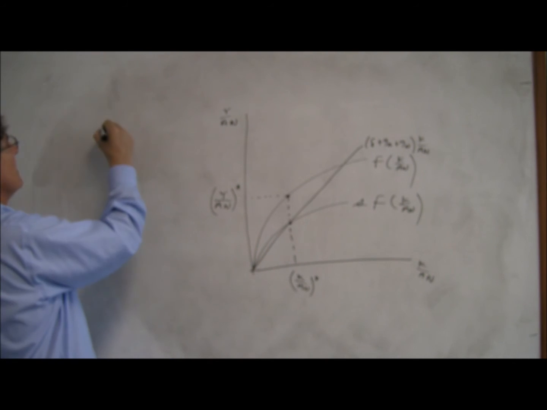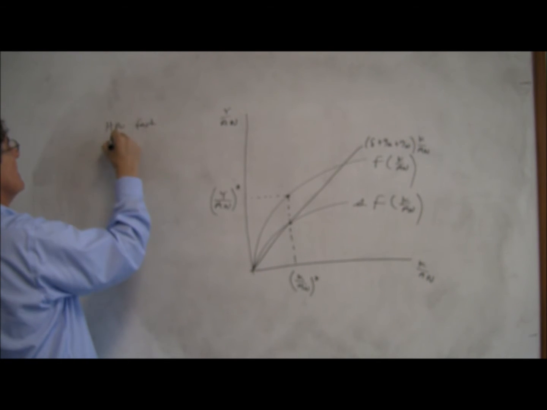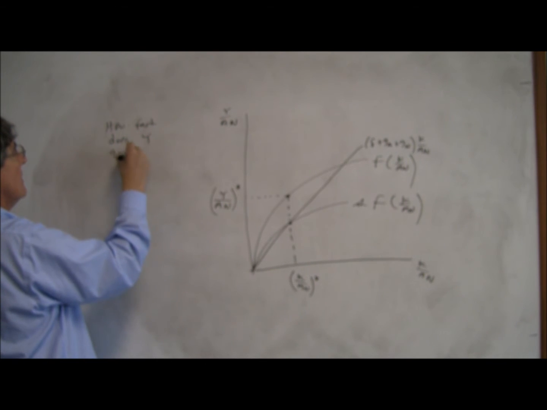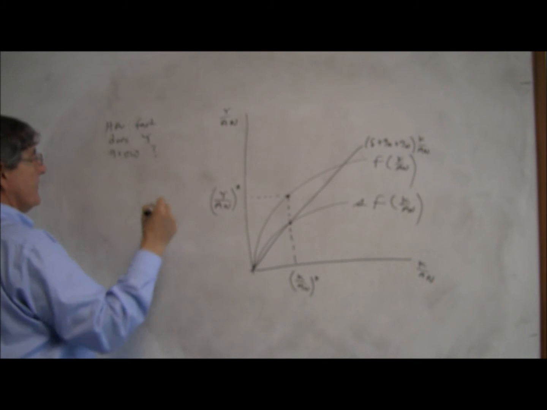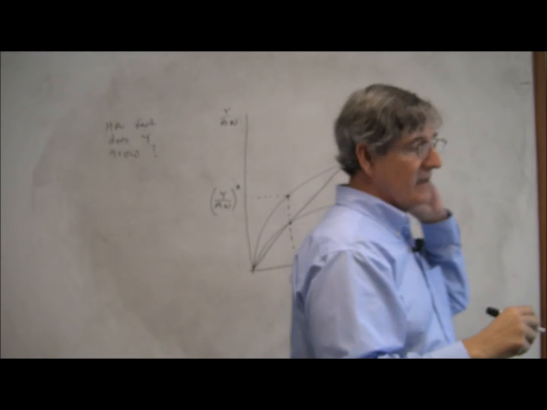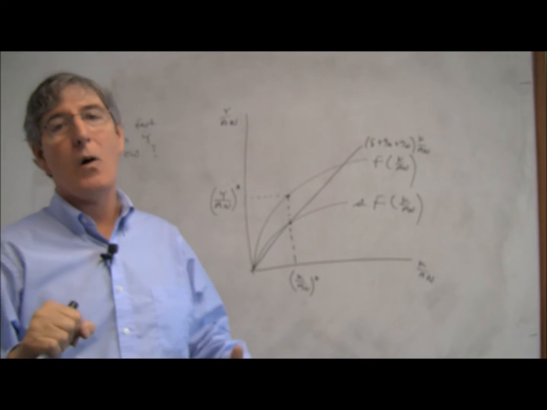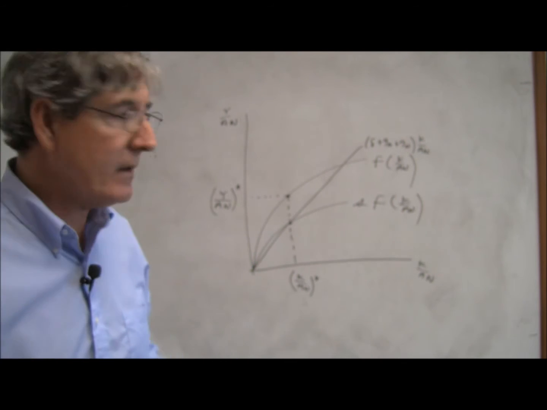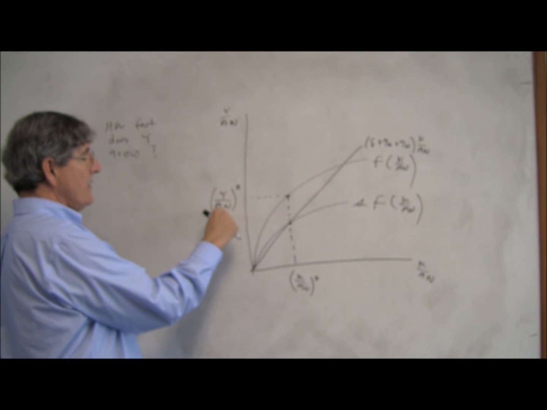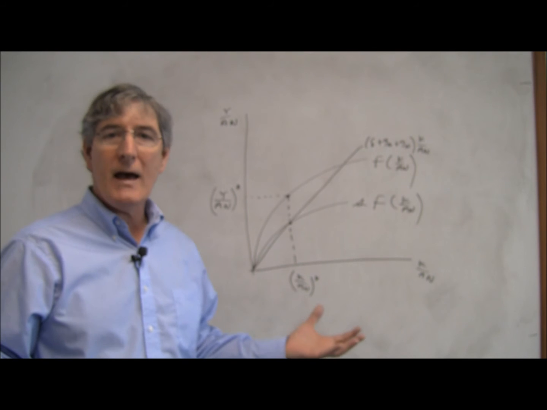So here's the question. How fast does Y grow? If Y over AN is constant, and A and N are both growing, what do we know about Y? How fast is Y growing? So again, A and N are both growing. The growth rate of AN is GA plus GN. So how fast does Y have to grow?